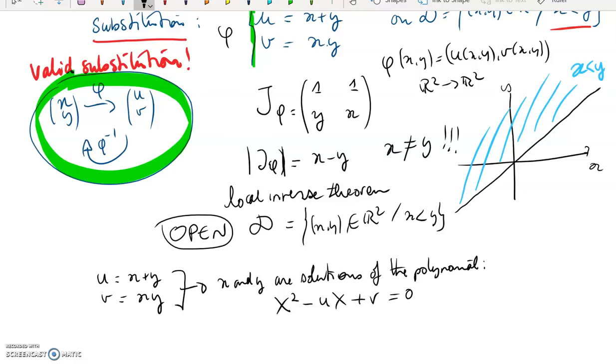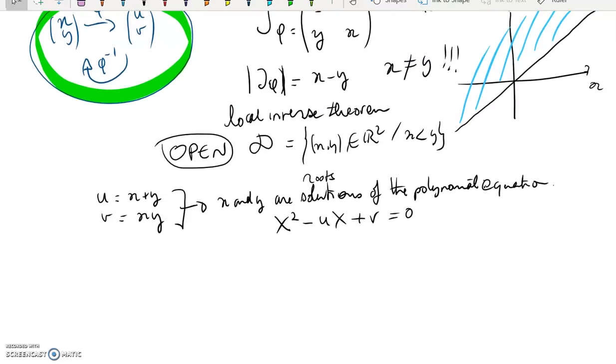So they are roots of this polynomial, more than solutions, since it doesn't really make sense to say solutions to a polynomial equation.